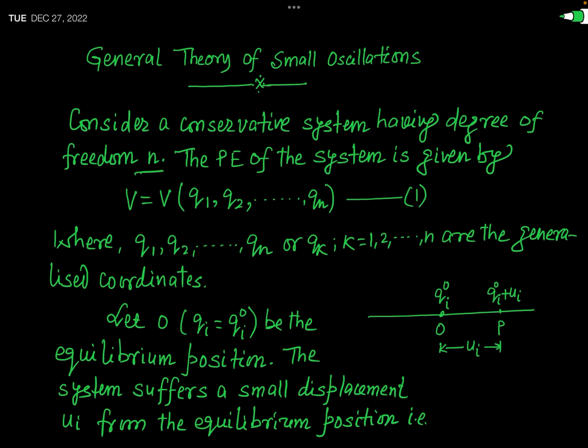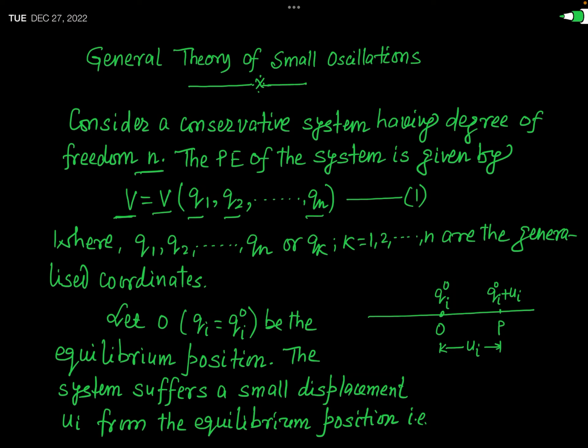conservative system. As you know, if V is the potential energy of this conservative system, then this potential energy is simply a function of the generalized coordinates. So you can simply say that the potential energy of this conservative system is V equal to V of q1, q2, and so on up to qn.